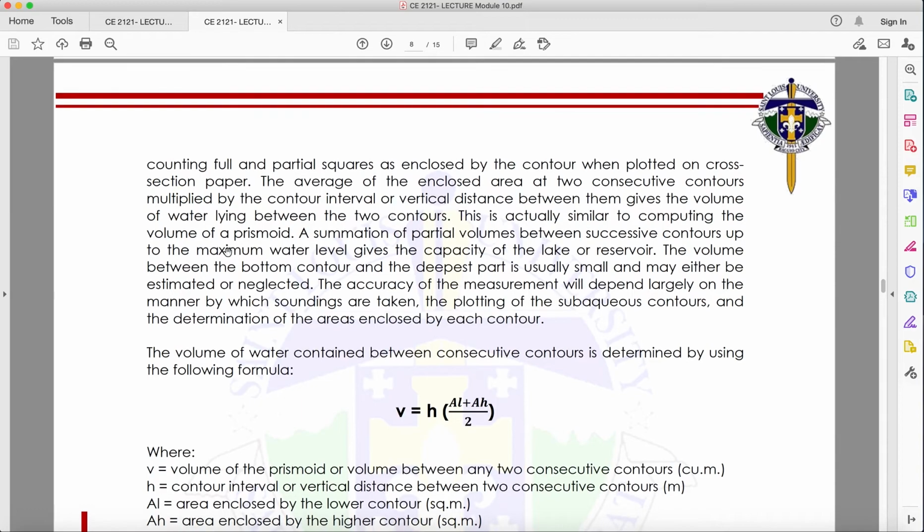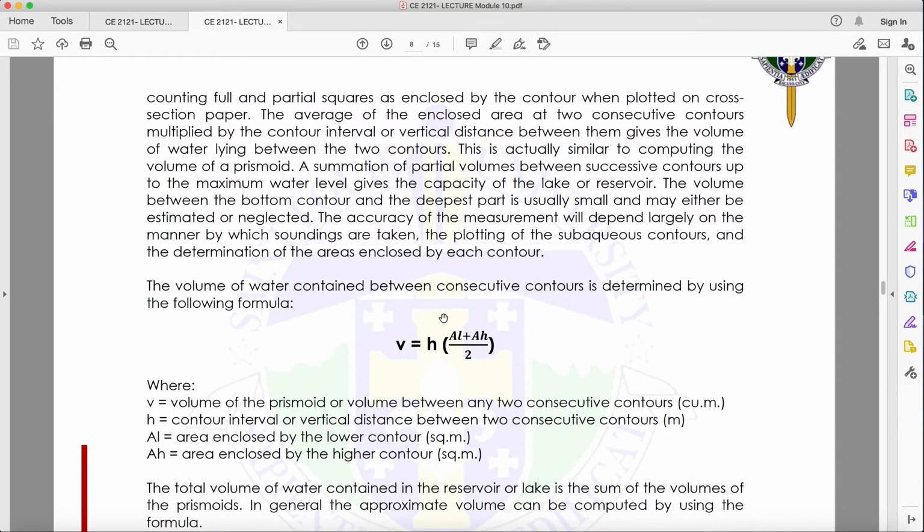So for that, we use the formula for the contour method. V is equivalent to H times the quantity (AL plus AH) over 2, where V is the volume of the prismoid, or the volume between any two consecutive contours, H is the contour interval, or the vertical distance between two consecutive contours, so it is the vertical, not the horizontal.